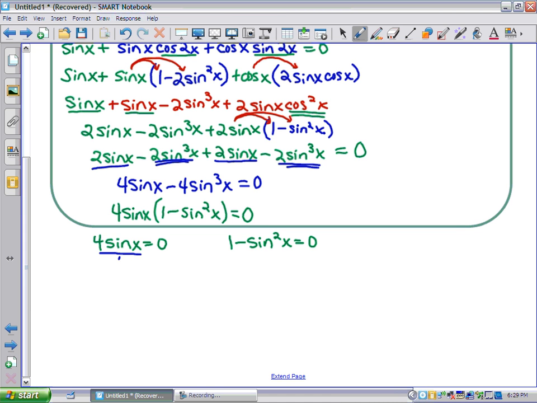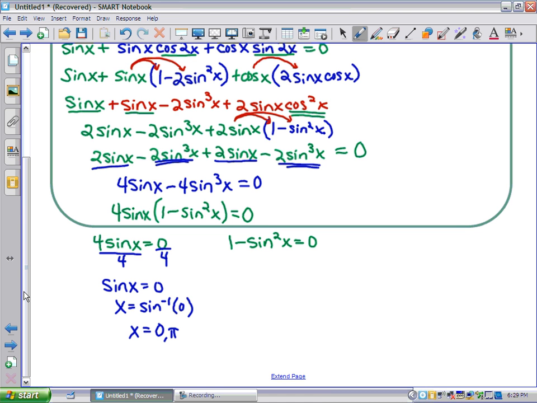If we divide both sides by 4, this says sine x is equal to 0, or x equals the inverse sine of 0. Or where on the unit circle do I get a value of 0 for y? We get that at 2 places. We get it at 0 and we get it at pi. So far we have 2 solutions, 0 and pi.